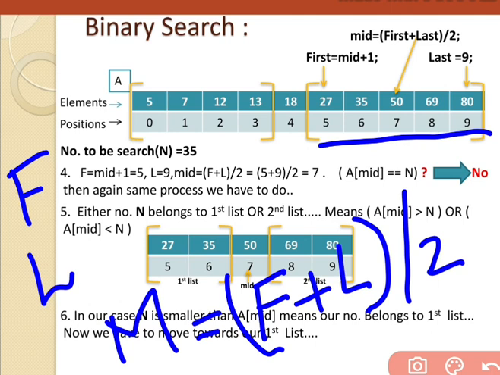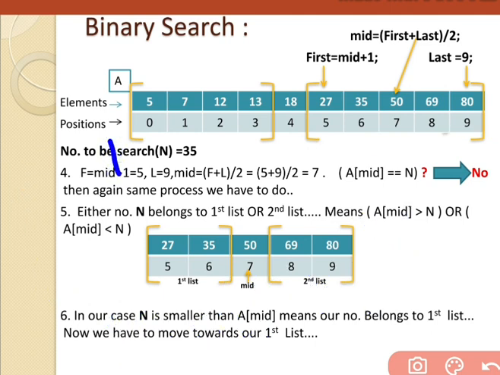In this way we have to check. But previously, first was present here and last was present here. We had that. But now we have to go through the second list.